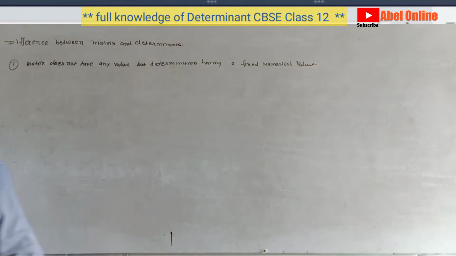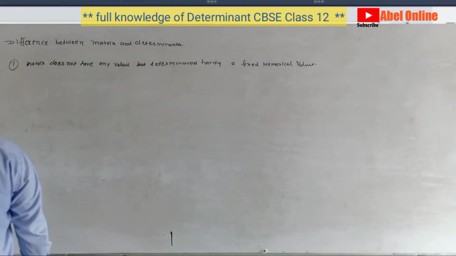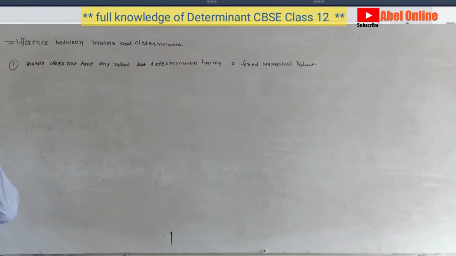Matrix does not have any values, but determinant is having a fixed numerical value. This is the first difference between them.